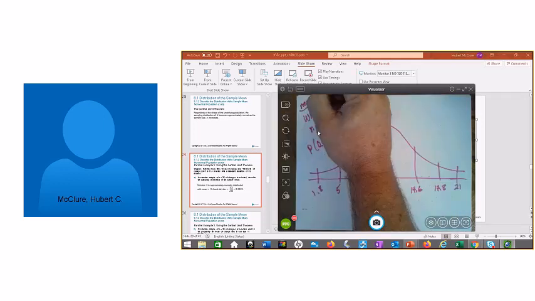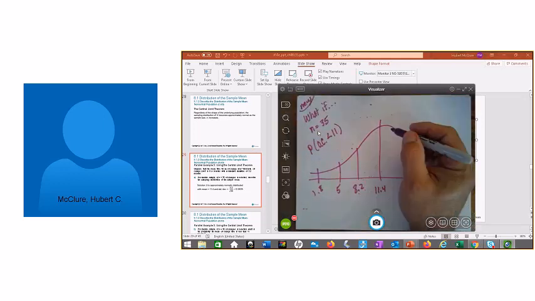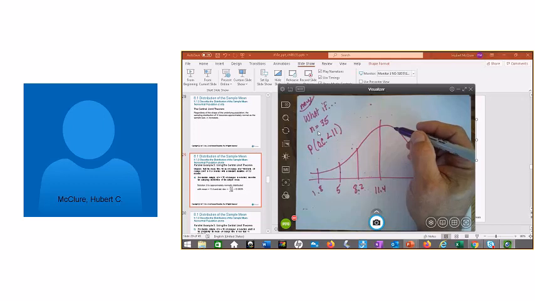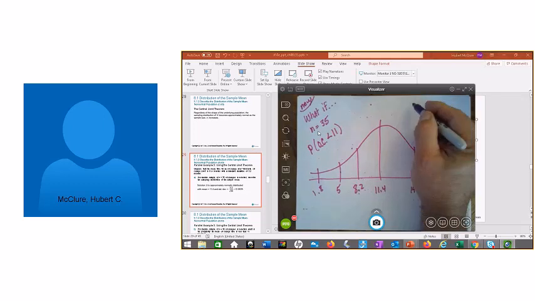What if 35? Well, then you go over here and you say, well, 3.2 over the square root of 35, which is equal to 0.5409.